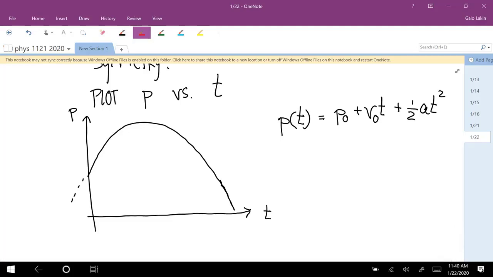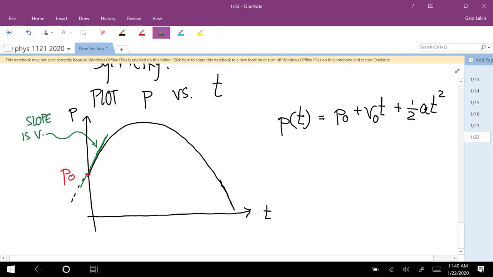So this is your P0. The slope of that line is V0. And you can see that at any height, no matter where you are, the slope on the way down is going to be equal and opposite to the slope here. Well, if I draw a better parabola.